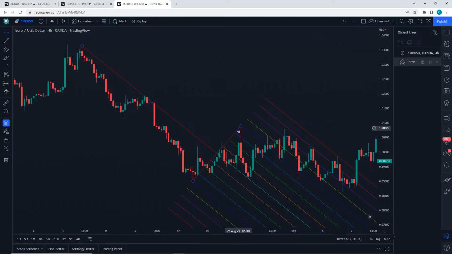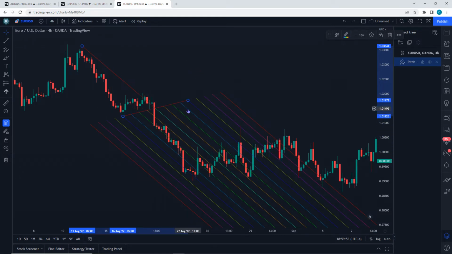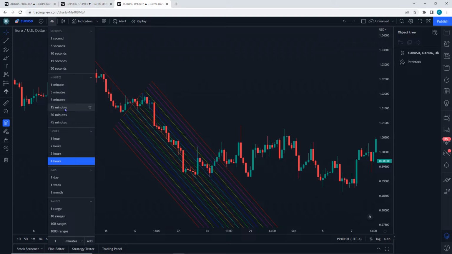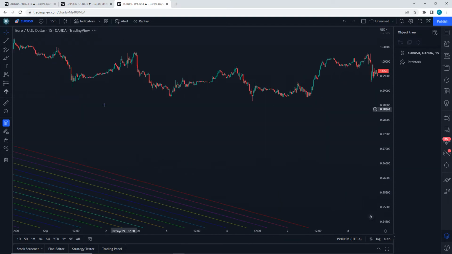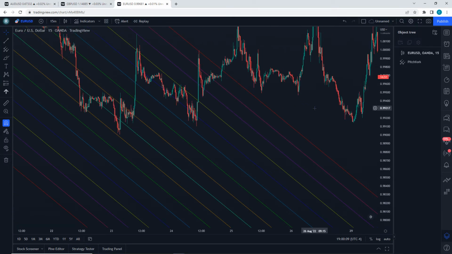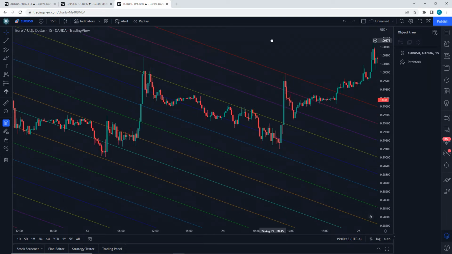And as another example, you could anchor it from this low to this high. Now that makes it pretty tiny, but if you go down into the 15-minute, we can see some of the precision that this angle is holding.